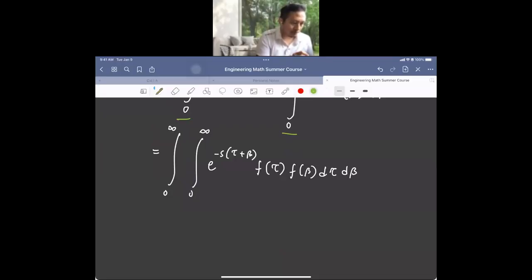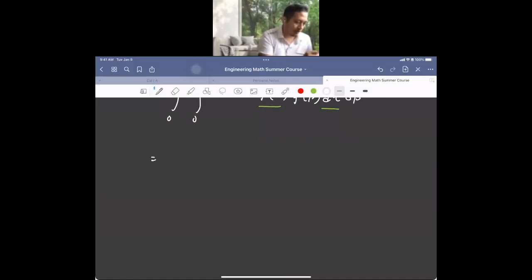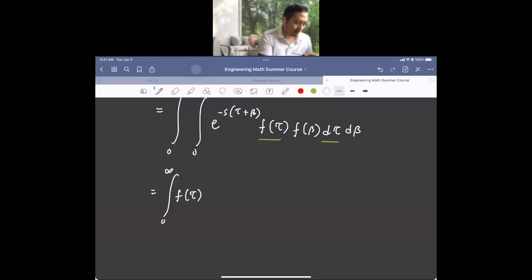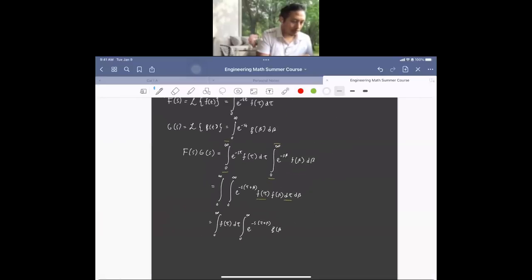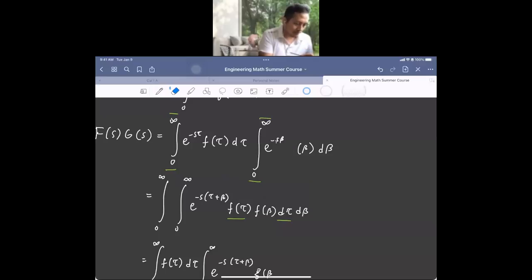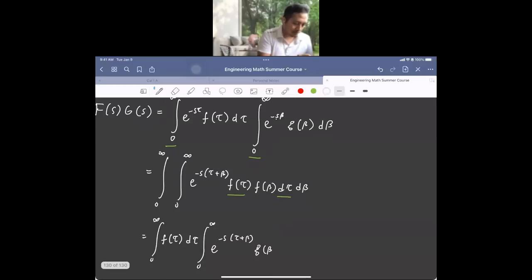And then from our perspective, we can set up this tau here. I think we need to make this not f but g.